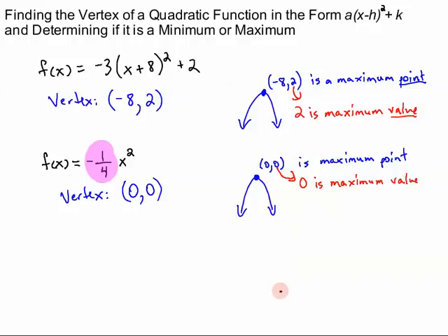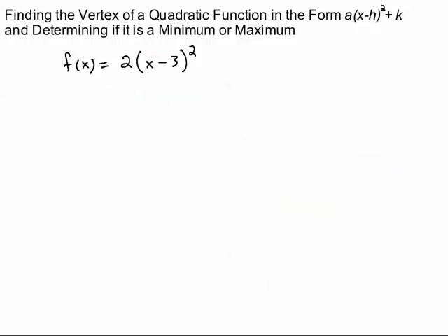Let's try some more. Here's another example. To make the x part 0, x would have to be 3. So the vertex would be the ordered pair 3, comma. Well, if x is 3, this whole thing's 0, and 0 times 2 is 0. So the y coordinate of the vertex would be 0 in this case. Since the number in front is positive, the parabola opens upward, so the parabola looks like this now.